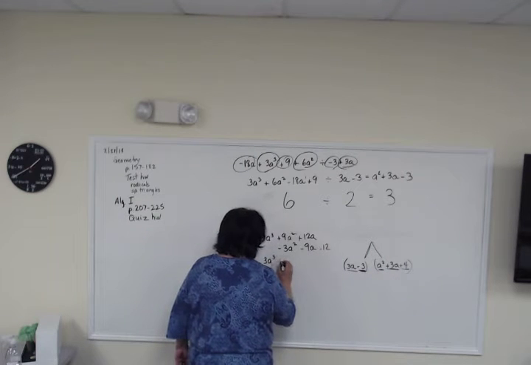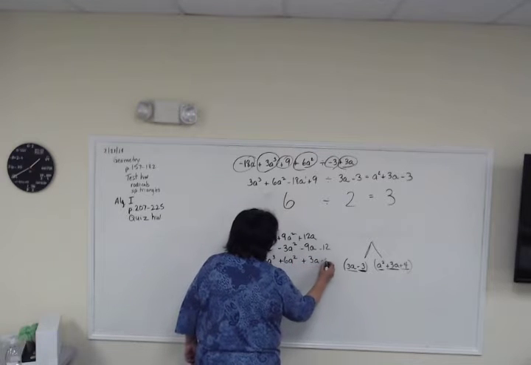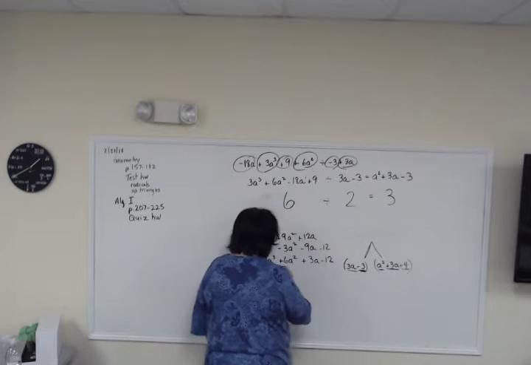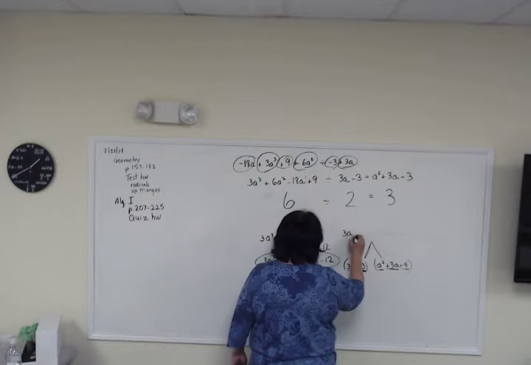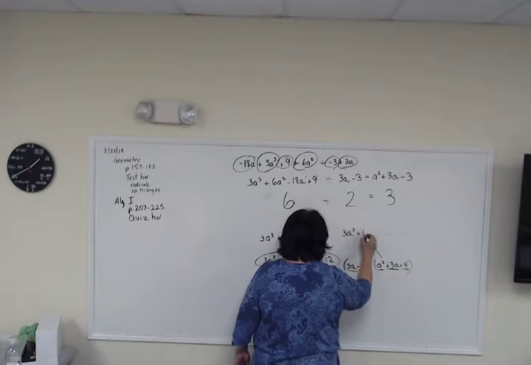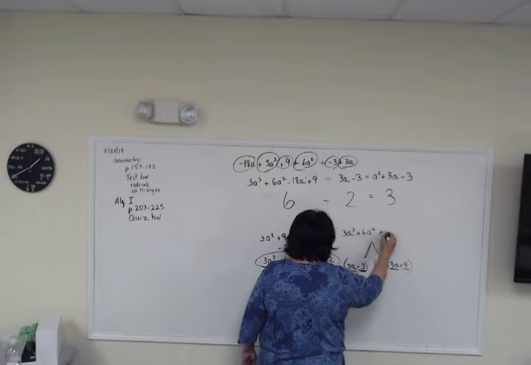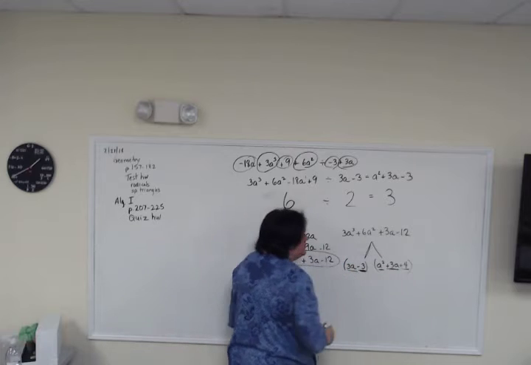Is everybody following me? So this times this equals this, doesn't it? So if I had this, it's not this one, I want to show you something else. 3a cubed plus 6a squared plus 3a minus 12 equals this times this, right?